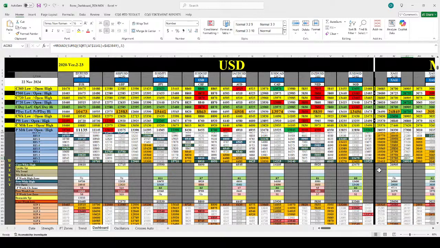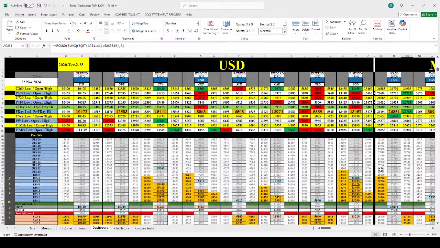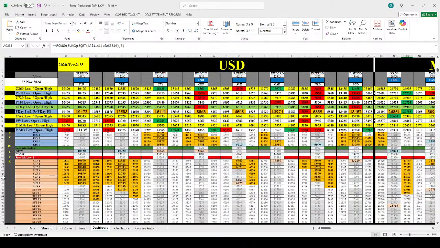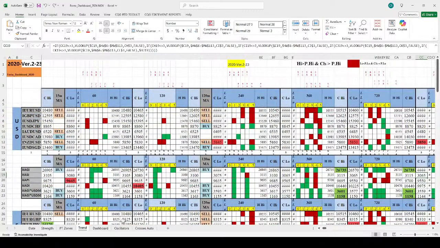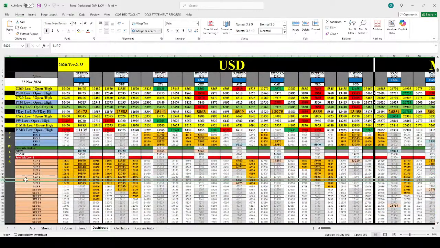And then previous week SR7, this is somewhere here. In fact, this is very far. So I think we can take the lowest level, which is 2696 half, as a resistance, and 2692.